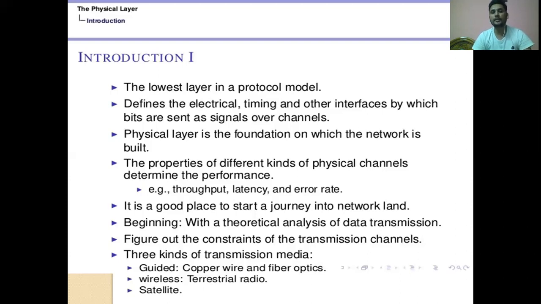Here the wire may be a copper wire, fiber optic wire, coaxial cable, or twisted pair cable, whatever it may be. There are so many cables, which we will discuss in the next slides. So there are many guided media. A physical guided medium we have to use, that is a wired connection. That is the first one, the first method of how we transmit the data, and the second one is wireless.